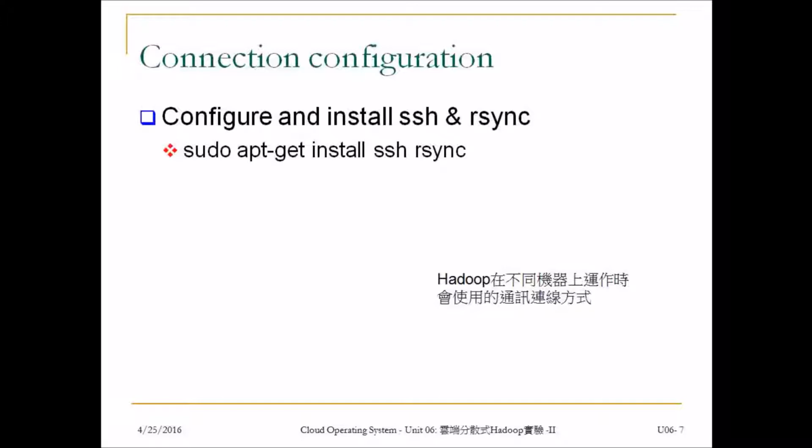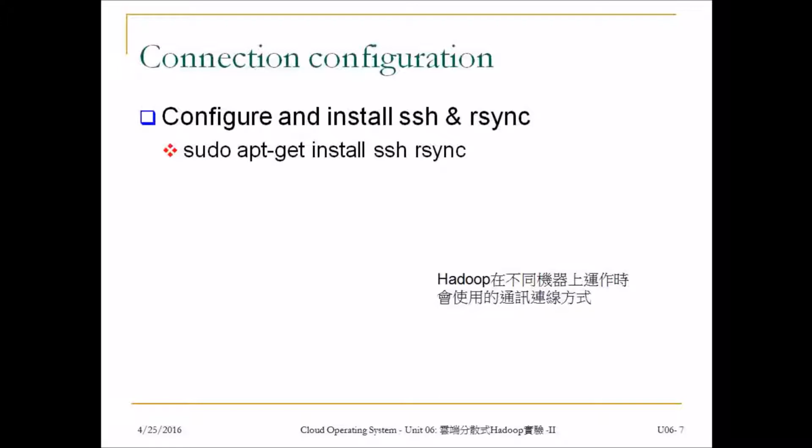In addition to the Java environment, we need to configure the connection between the client user and the server. So we have to configure and install the SSH connection and the rsync connection.